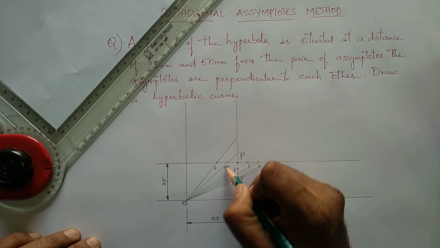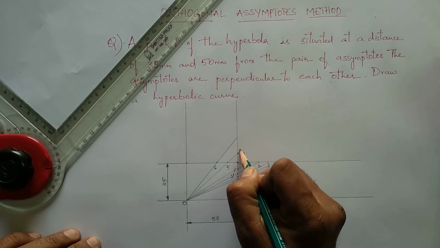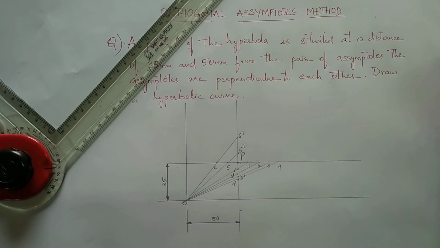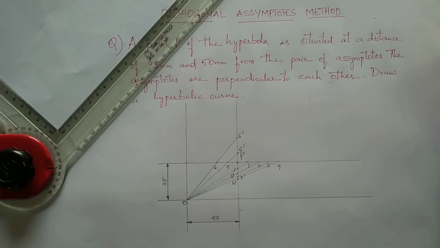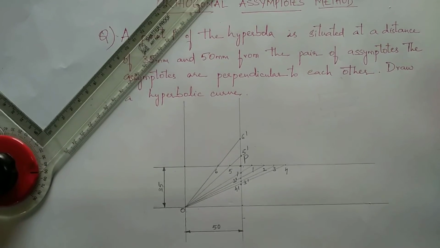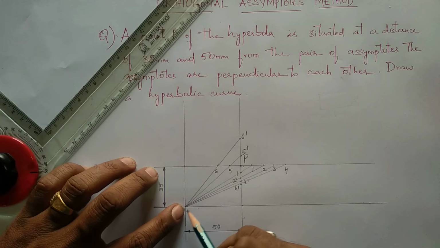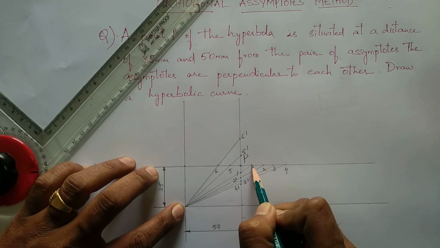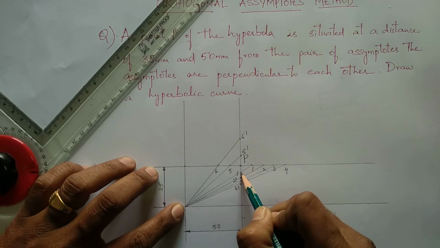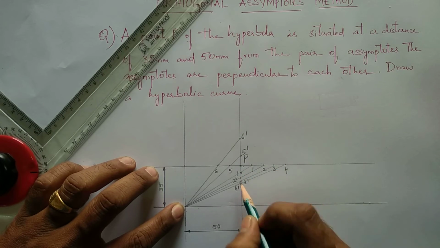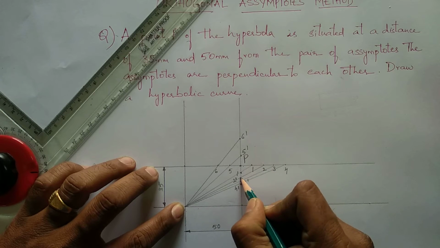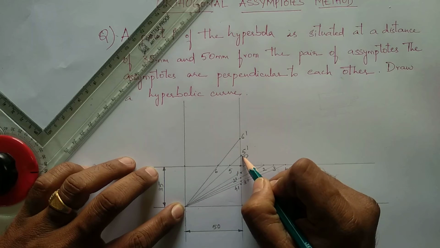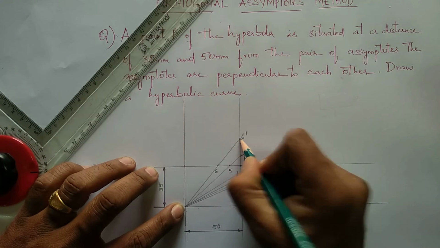The line joining O to 5, mark that point as 5 dash, and this point as 6 dash. Once again I am zooming in so that you can have a clear observation: O to 1 touches the vertical line at 1 dash, O to 2 at 2 dash, then 3 dash, 4 dash, and the lines from O to 5 and 6 give 5 dash and 6 dash.